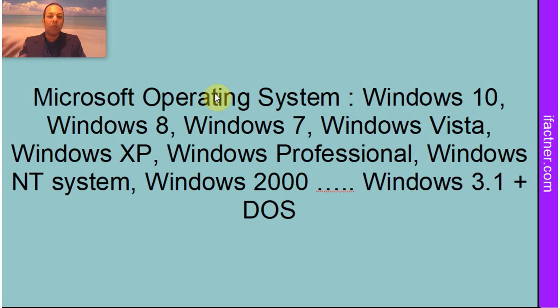So nowadays we have got Windows 10, which was released in 2015, and Windows is the operating system which is owned by Microsoft. And then we have also got Windows 8, which was released in 2013, and most of the computers are running on Windows 8.